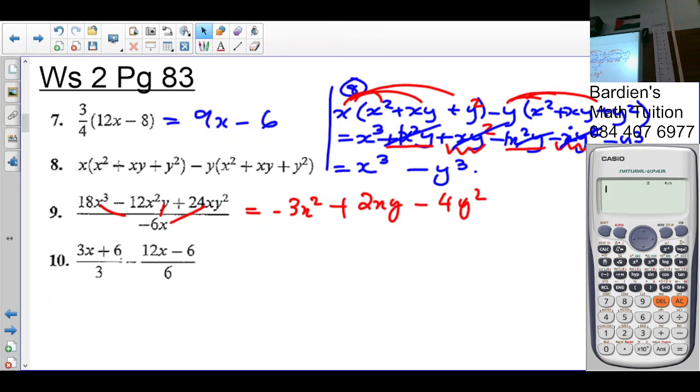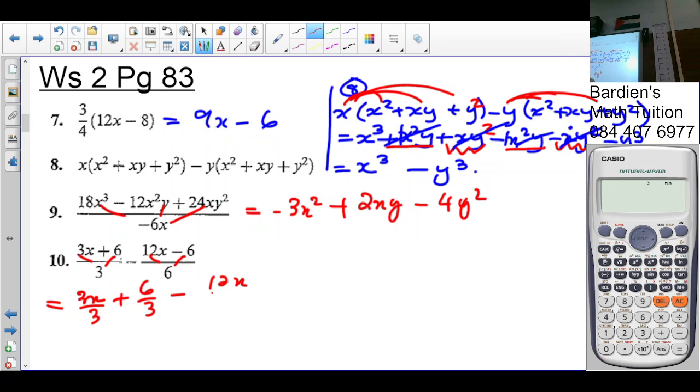This is how it works. Of course, you put each one over its own, not so? So you got 3x over 3 plus 6 over 3 minus 12x over 6 minus 6 over 6. Not so? But what's the rule? When it comes to a negative, if it's more than one term following a negative sign, put the brackets around.